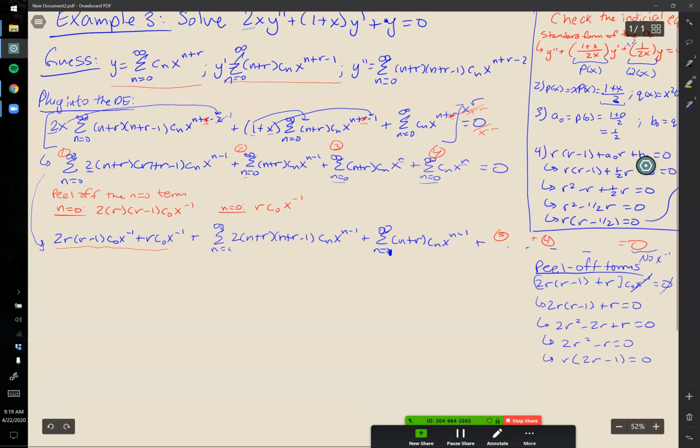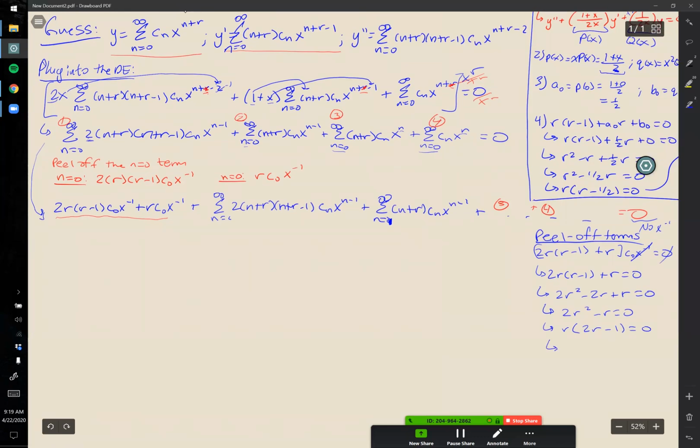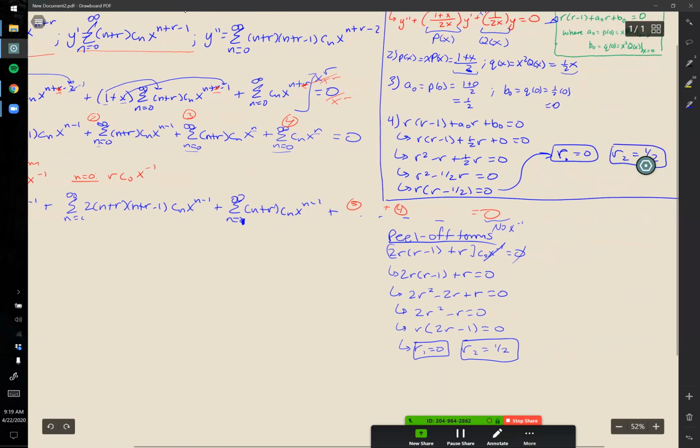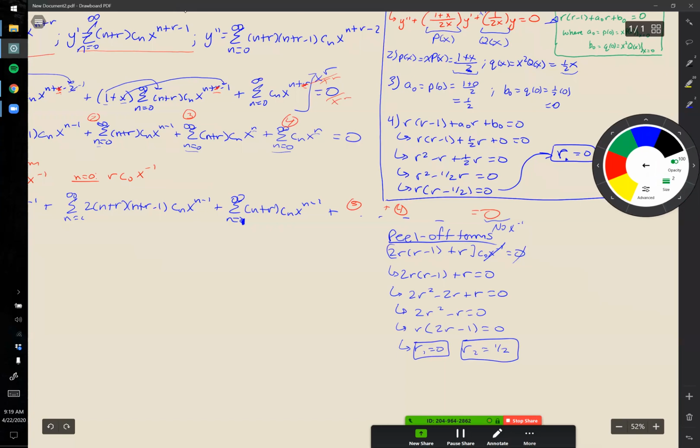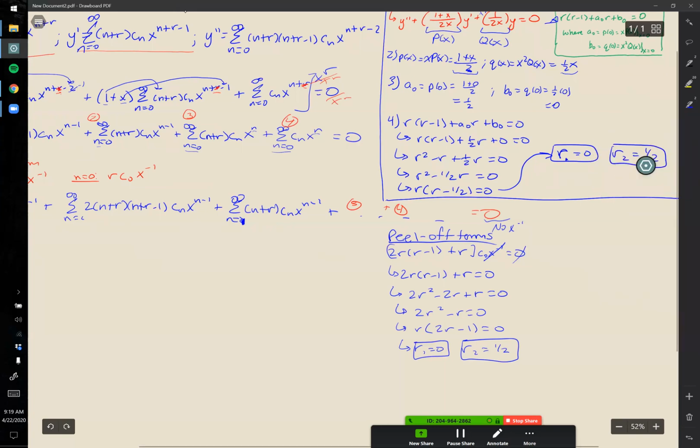And guess what, folks? Math is amazing because this is the same indicial equation that we had before when we did it earlier. And we figured out the same answers, that r1 is equal to 0 and r2 is equal to half, which is right here. So I'm going to put a big old smiley face right here, right here, right here, right here.